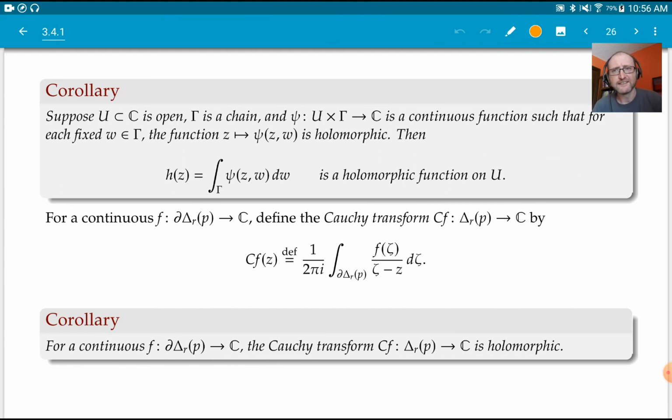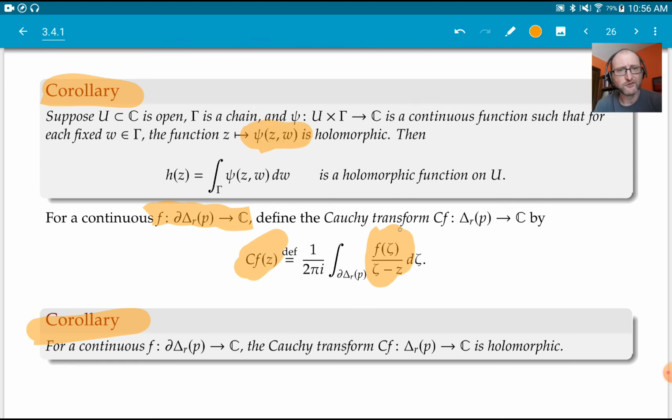And so we define this function, and basically, this corollary over here implies this corollary over here, saying that this CF is holomorphic. So given any continuous function on the boundary, this is your psi, that's this guy over here.